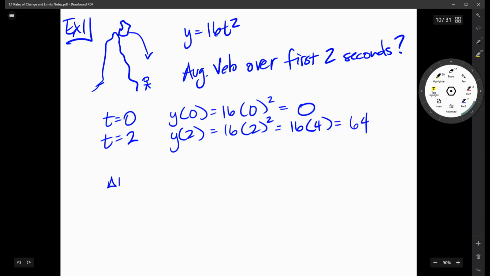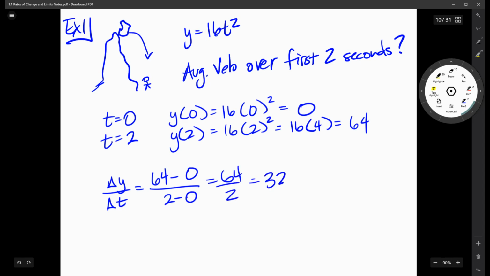So the change in distance over the change in time is 64 minus 0 over 2 minus 0. 64 over 2 is 32. And let's label it correctly. That would be in feet per second. So there is your average velocity over the first 2 seconds of the fall of the rock.